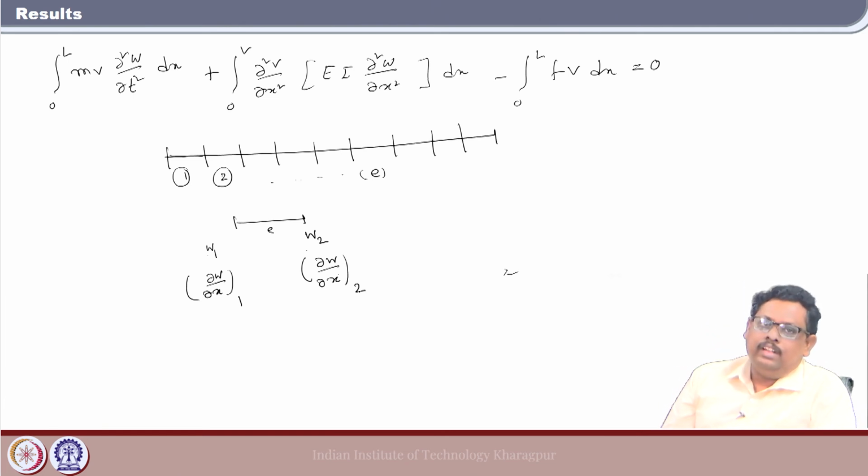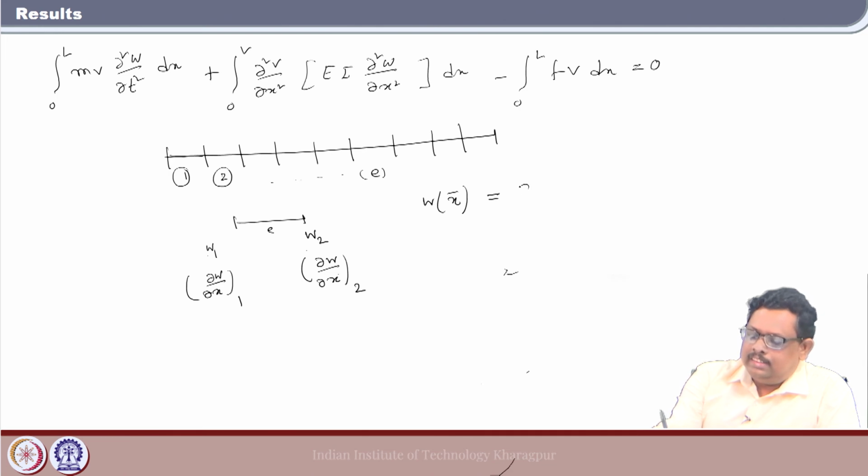Now, if I have 4 degrees of freedom, that means I have 4 unknowns, is it not? Now, till now I did not write the approximate solution. So, how can I approximate W? Since I have the 4 unknowns, I need 4 equations, right. So, therefore, the approximate function should have 4 unknowns. So, it should be a cubic polynomial, right.